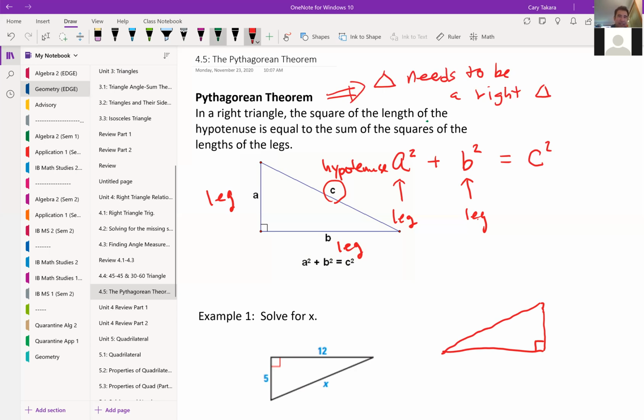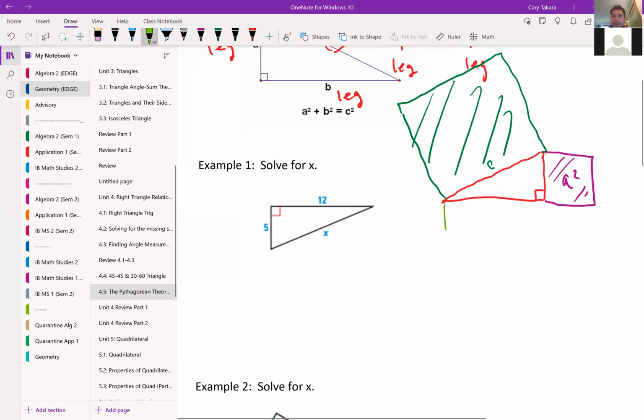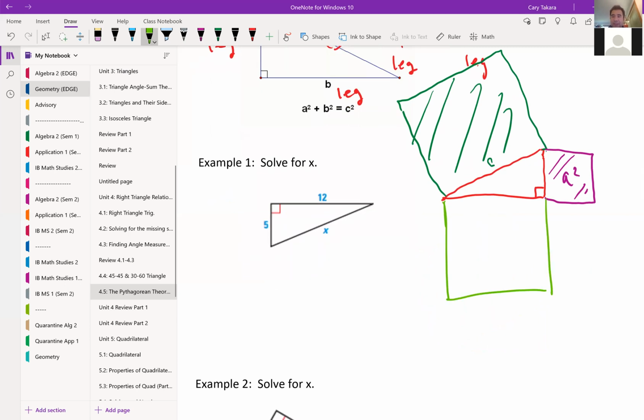What it means is this: if you have a square of a hypotenuse, literally a square on the hypotenuse, that area of c squared, which is that green part, is going to be equal to a squared plus b squared.